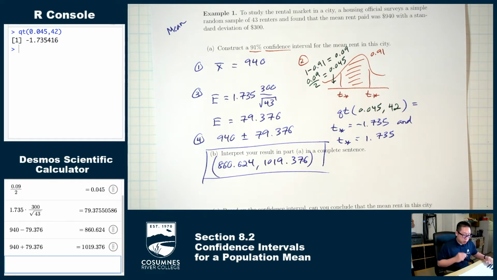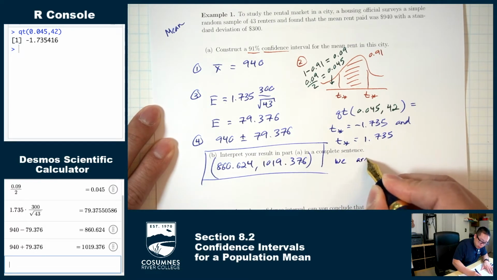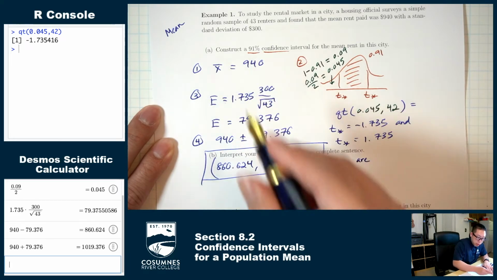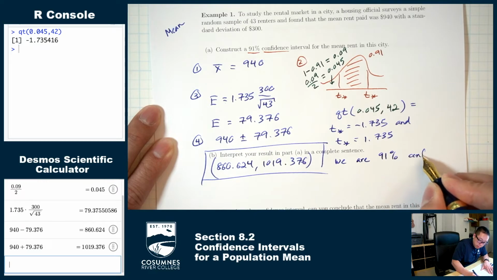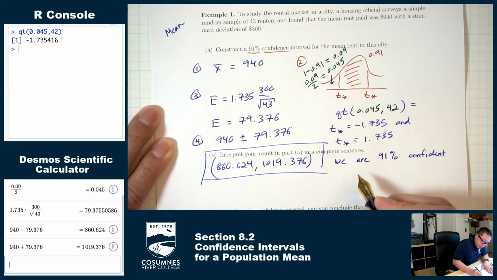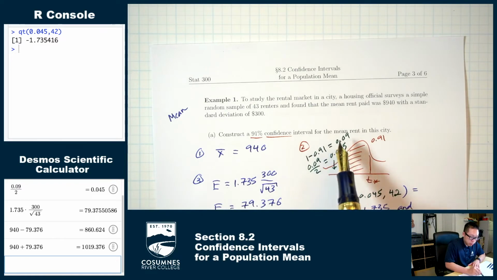Part B, interpret your result from part A in a complete sentence. And so the sentence I want you to write for all of these is, we are, state your confidence level. So in our case, we are 91% confident. What are we talking about here? We're talking about the mean rent in this city.